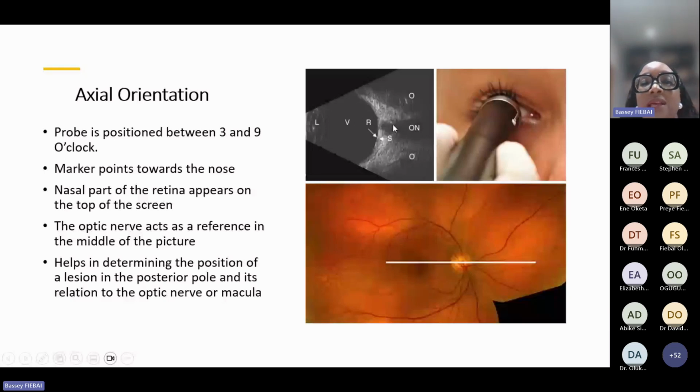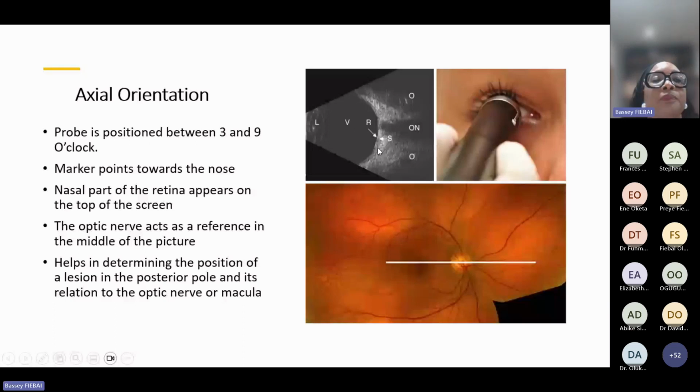So when you're doing your axial orientation, it passes through the lens and the optic nerve. So it helps in determining the position of a lesion in relation to the optic nerve. So you can relate whatever lesion that you see to the optic nerve. Is it below the optic nerve? Is it above the optic nerve?